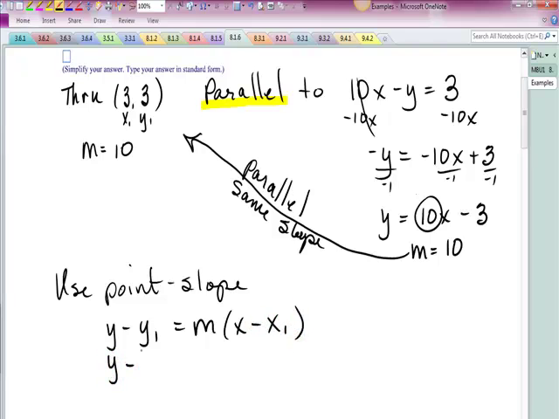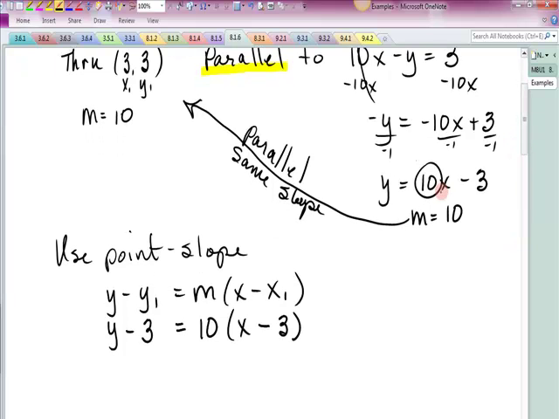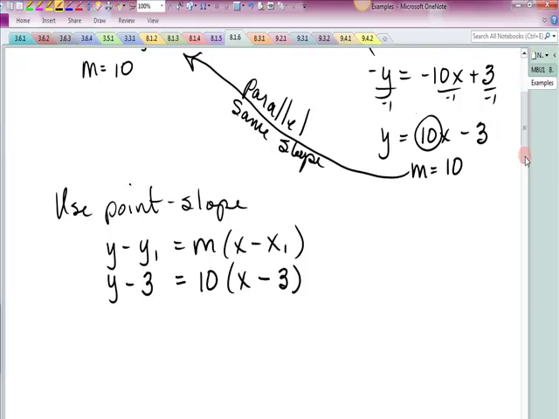Y minus, the y value is 3, is equal to the slope. We calculated it to be 10. X minus, the x value is 3. So I had an x1 of 3, a y1 of 3, and a slope of 10. The slope was 10 because the slope of this line was 10, and they were parallel.